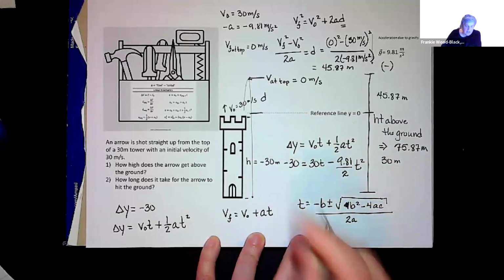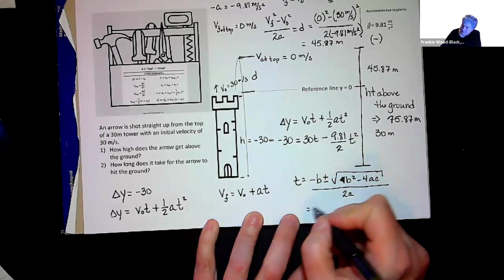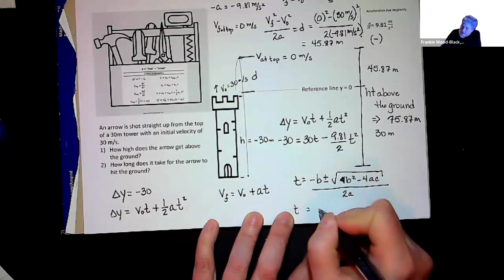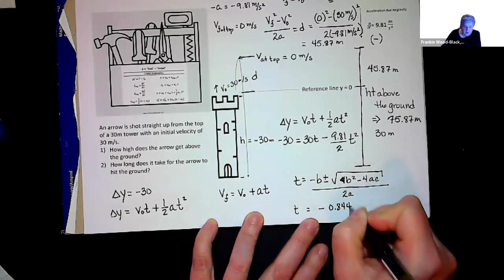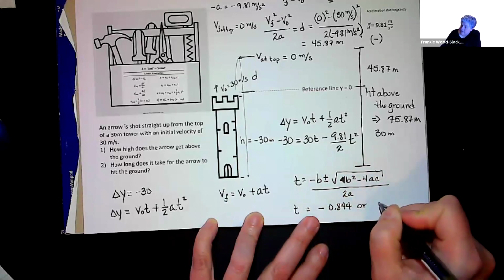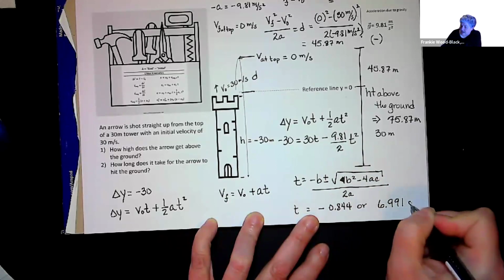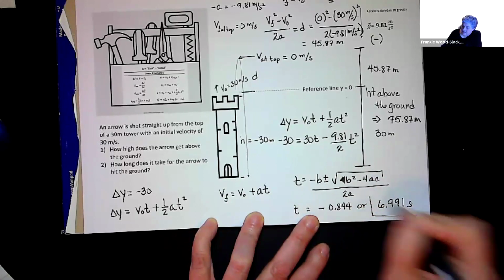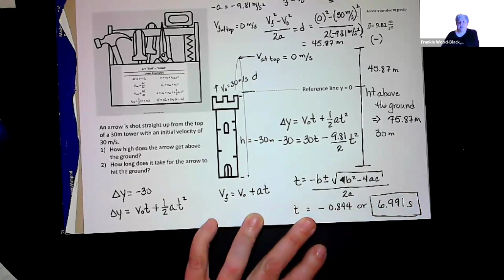And if I do that with that equation, I ended up with time could be a negative 0.844 or a positive 6.991 seconds. And since time can't be negative, we're going to get the positive 6.99 seconds.